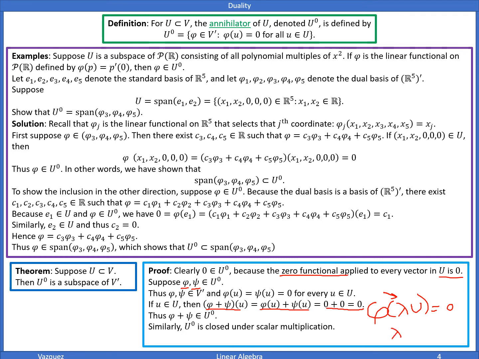Same thing if we had the phi of u. It's going to be 0 times lambda, which is 0. So again, same thing with scalar multiplication, and we thus show that what? The three properties. So therefore, the annihilator of U is a subspace of the dual space of V.